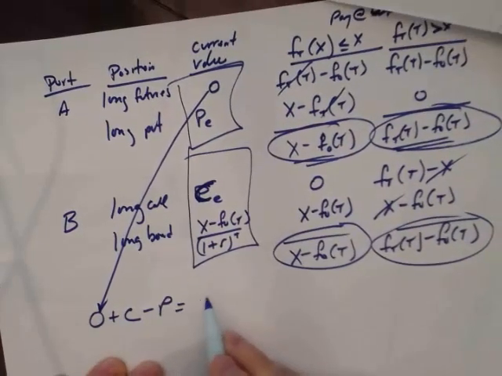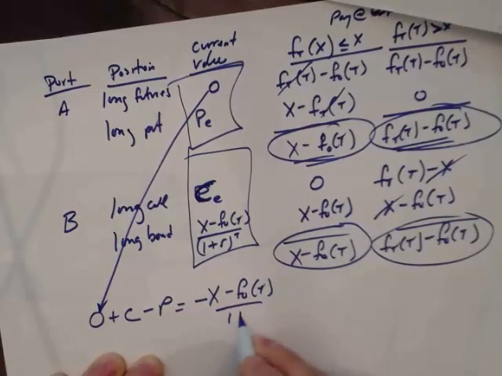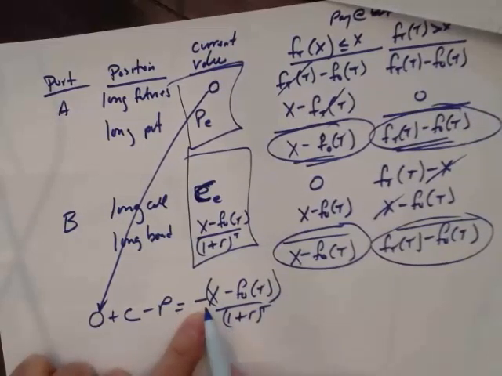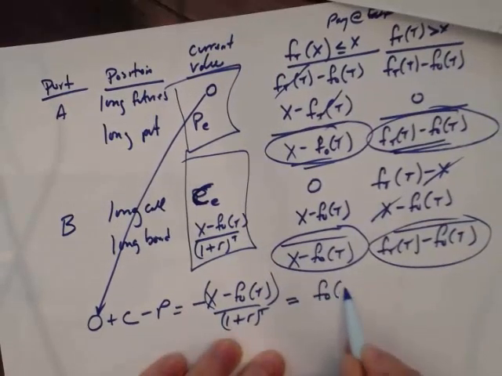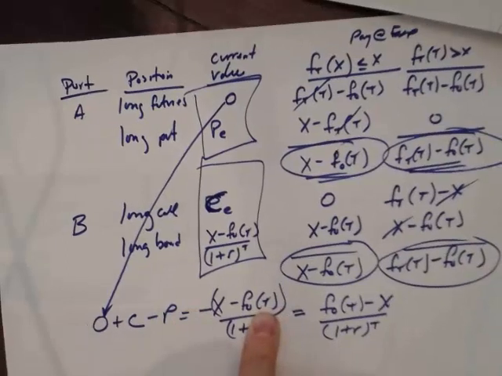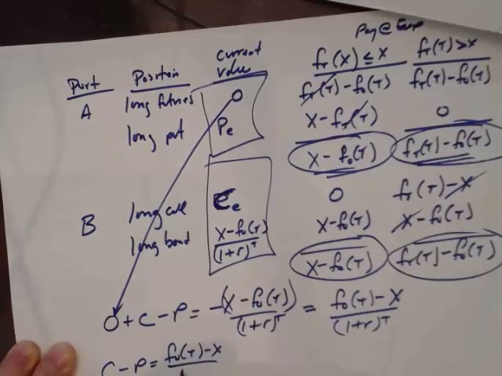And it's going to ultimately look like this: X minus F0t over 1 plus R to the T. But when you put a minus sign here, ultimately what it looks like is F0t minus X divided by 1 plus R to the T, just distributing that negative sign. And so ultimately what we get is C minus P equals F0t minus X over 1 plus R to the T.